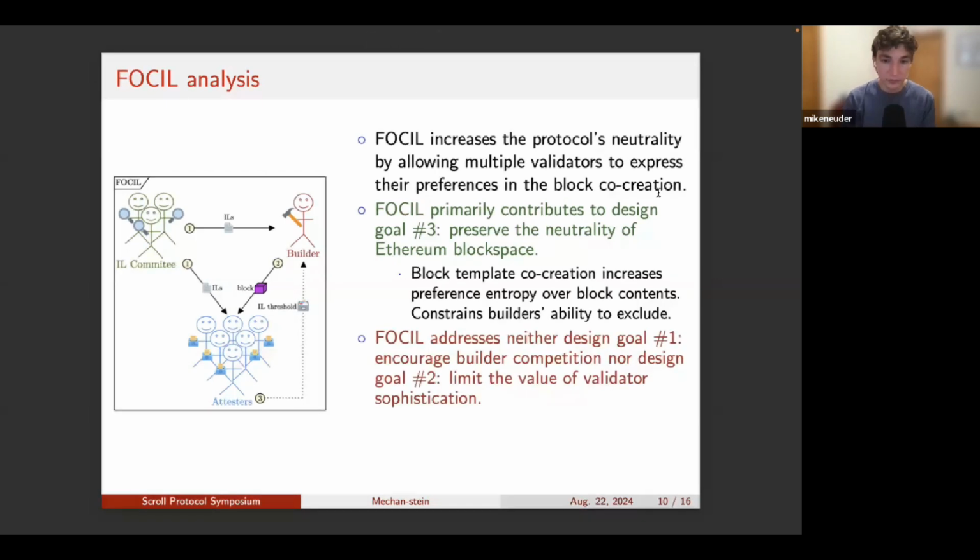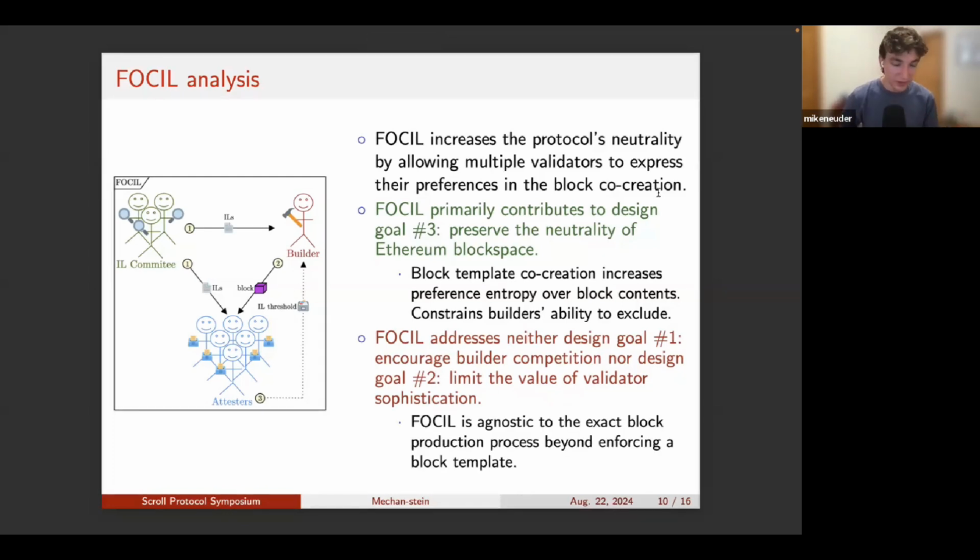And with regards to the other design goals, there's not much that Fossil does in either direction. This diagram elides a little bit of complexity in the fact that it just uses the builder instead of putting the proposer there. Really what happens here is there is some block production process that's taking place outside the purview of Fossil. And all Fossil cares about is that the template is enforced. So this builder could actually be a proposer. They could be running the MEV boost auction.